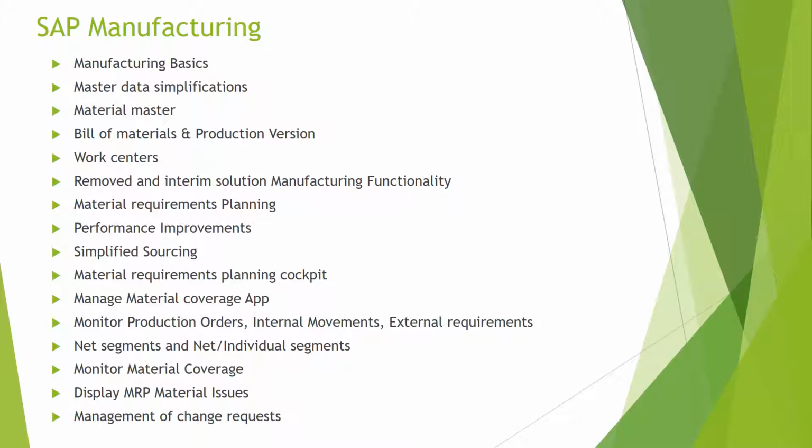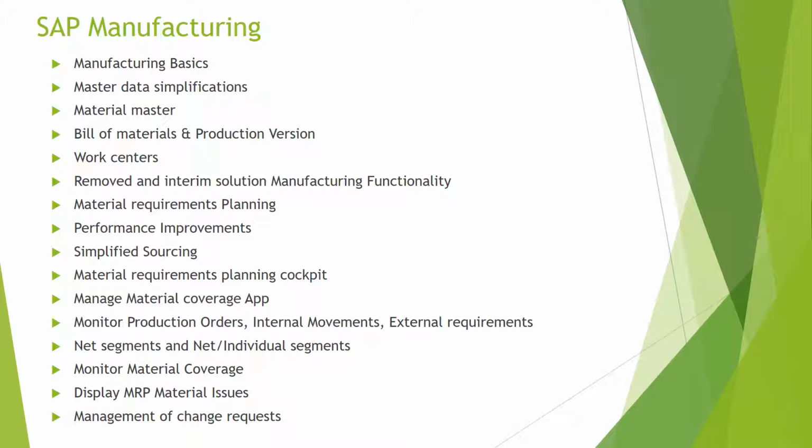So you have the Change Planned Order app, and the Change Planned Order detailed scheduling tabs. All these are available. The Display Production Order app in SAP S/4HANA allows the planner to view production orders. This app is very similar to the transaction CO03.